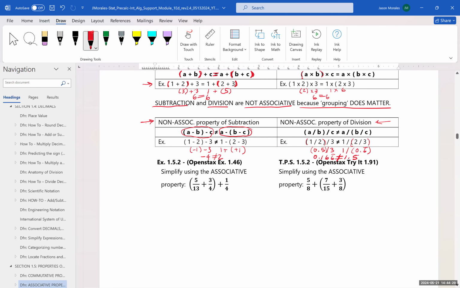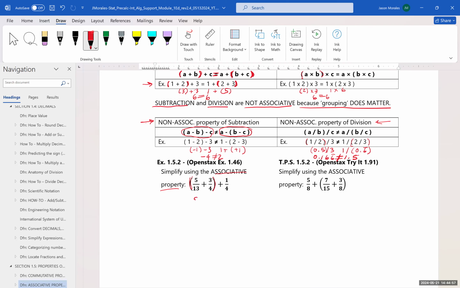So let's try out these examples using the associative property. Here we can see that these grouping symbols are around 5/13 plus 3/4, and then we're supposed to add 1/4 after that. But because addition is associative, we can change those grouping symbols.